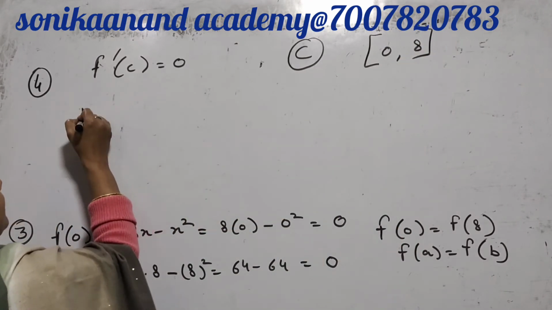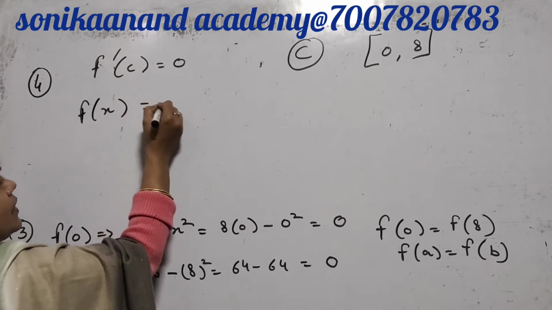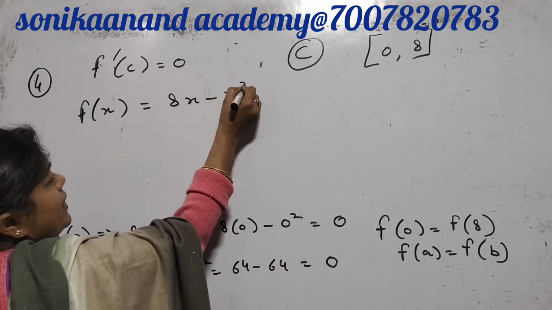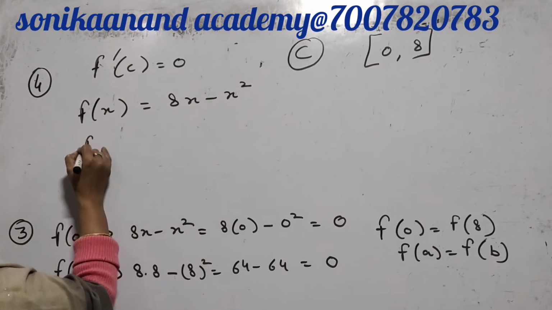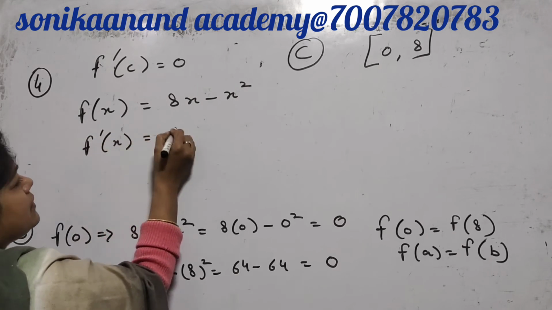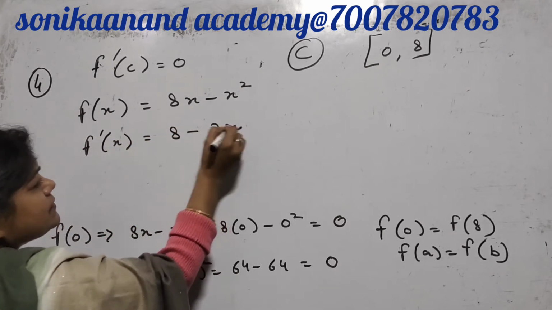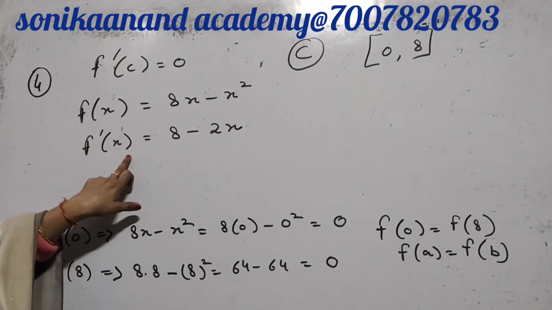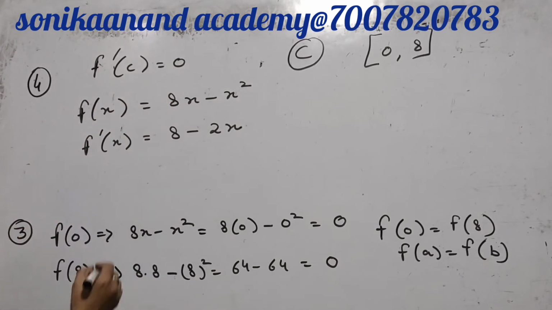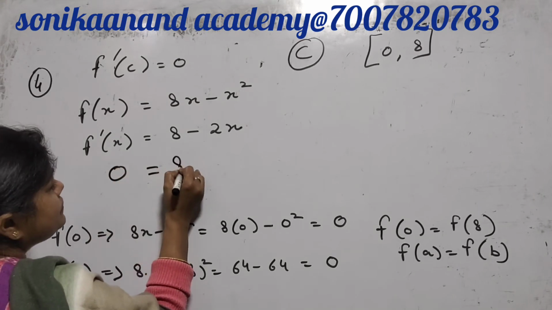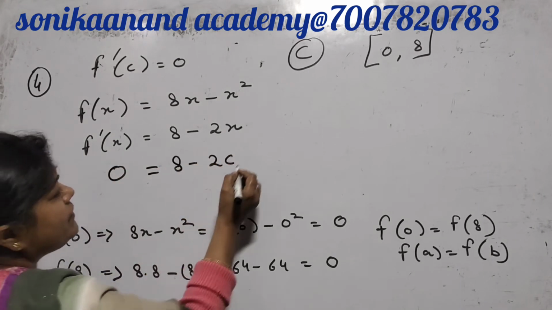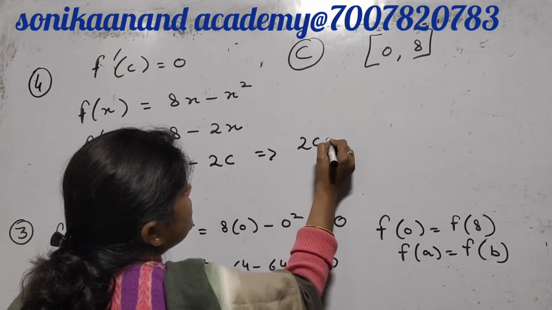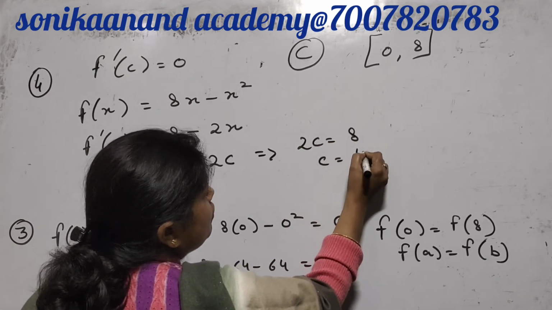We have f of x is equal to 8x minus x square, so f dash x is 8 minus 2x. In place of x, we write c, and we make it equal to 0. So we write 8 minus 2c equals 0. When we solve it, we get 2c is equal to 8, and the value of c is equal to 4.